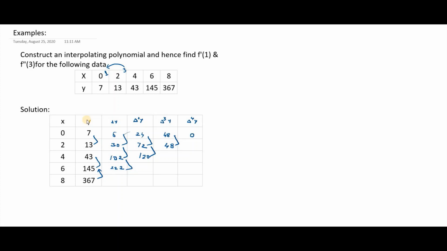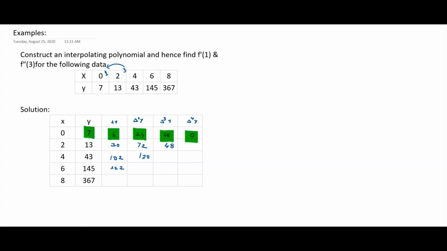We know that to construct the difference table, we have to use the second term minus the first term. So in this case, the values are y naught is equal to 7, delta y naught is equal to 6, delta square y naught is equal to 24, delta cube y naught is equal to 48, and delta raised to 4 y naught is equal to 0.